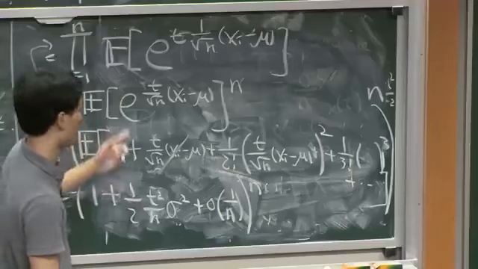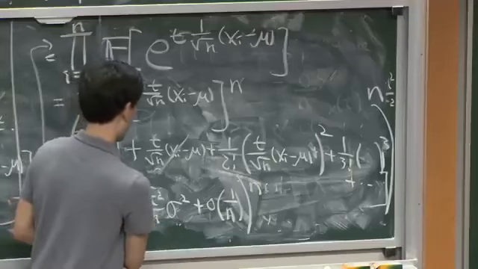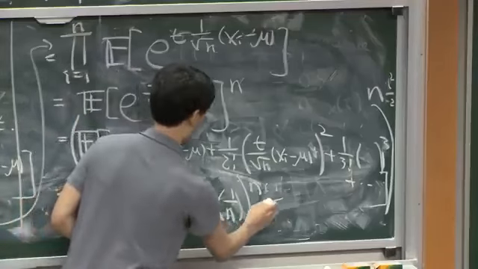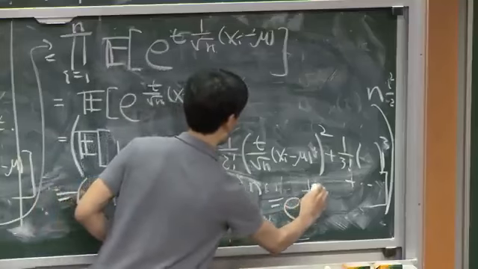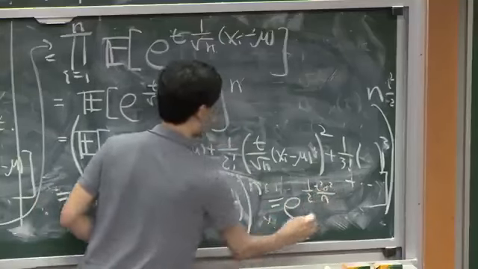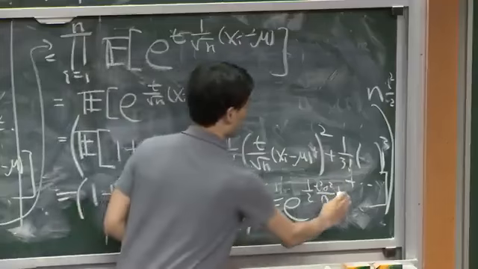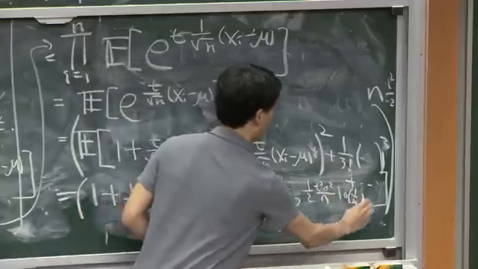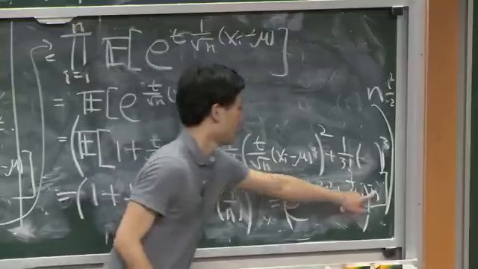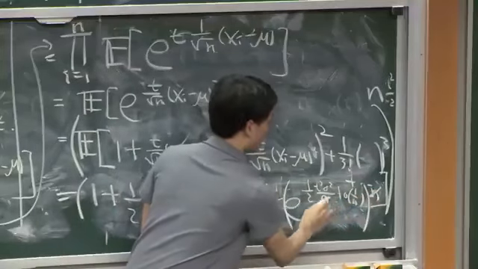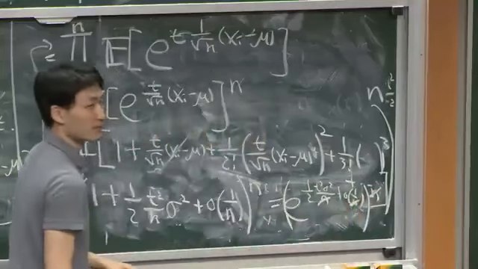Now we go back to the exponential form. So this is pretty much just e to the 1 over 2 t squared sigma squared over n plus little o of 1 over n, to the nth power. Now that n can be multiplied to cancel out.